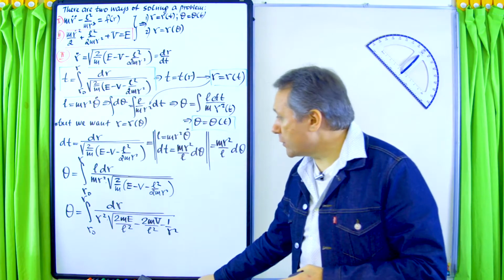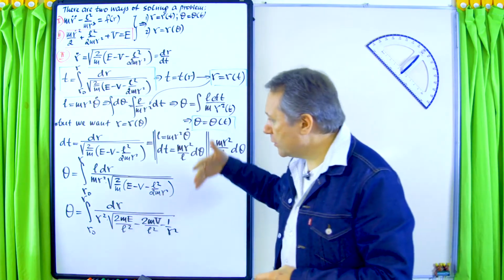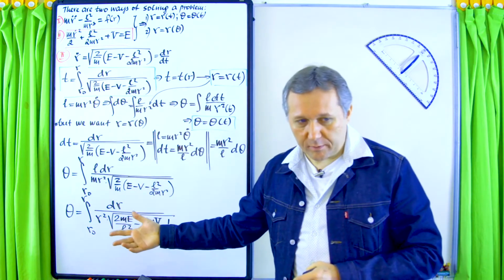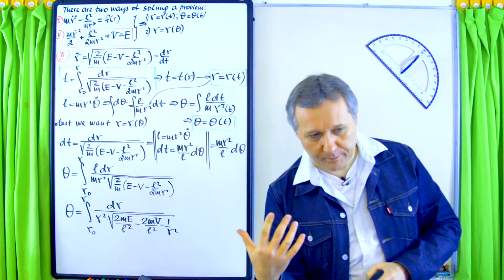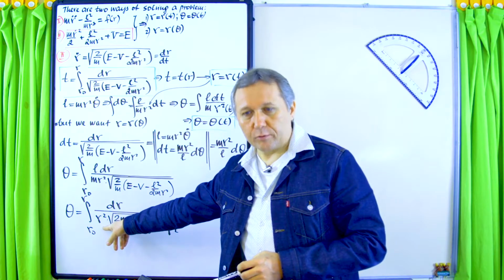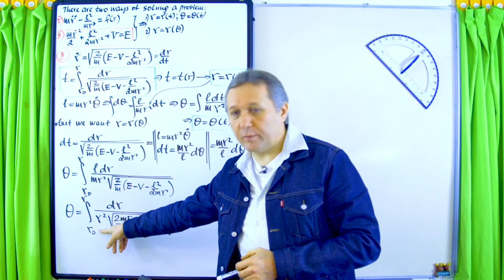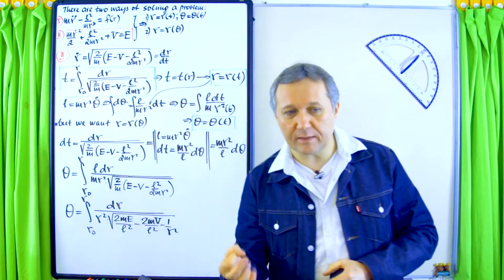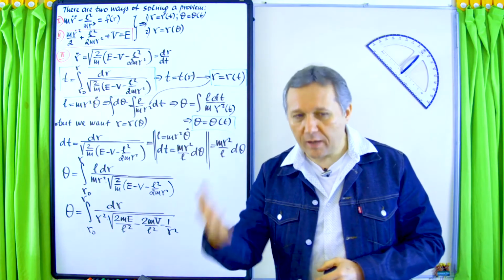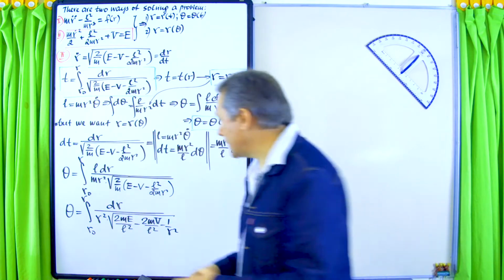There is nothing wrong with this integral, but every time you have to take it, your first step will be to get rid of this r squared in the denominator. It ruins the whole picture. And every time, you will make exactly the same substitution, r equals 1 over u, or something like this, in order to get rid of that r squared.